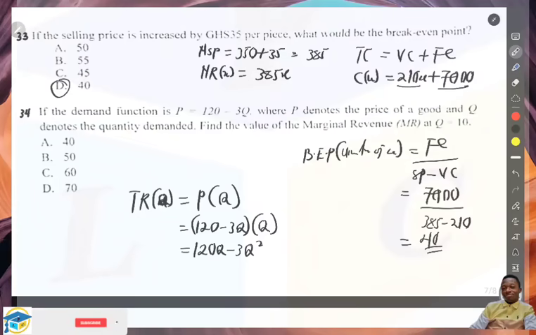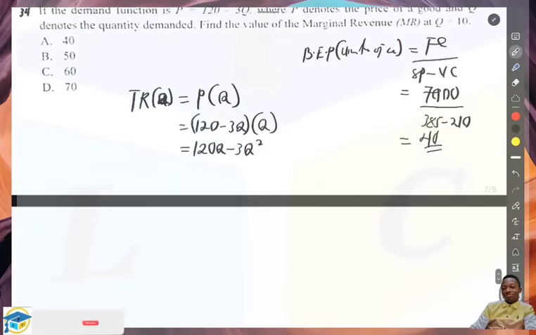So for us to get our marginal revenue, we will differentiate the function for the first time, right? So once we are differentiating the function for the first time, our marginal revenue, which is equal to the total revenue prime of Q, should be equal to, so 120Q differentiated results to 120.